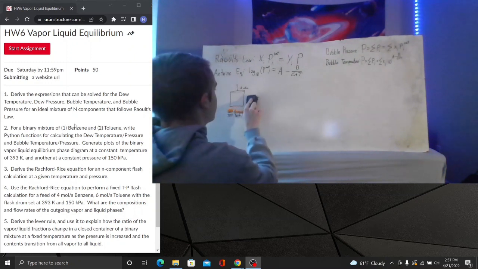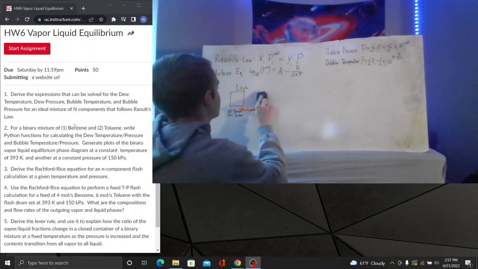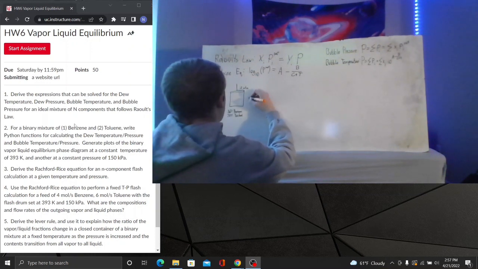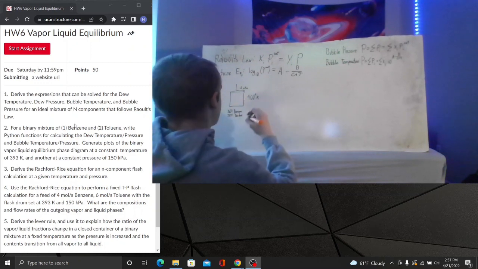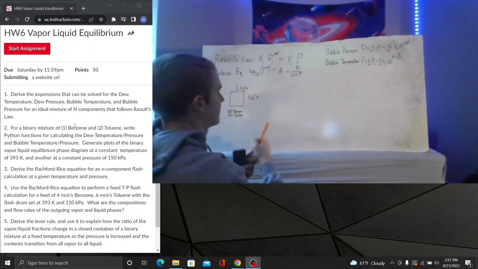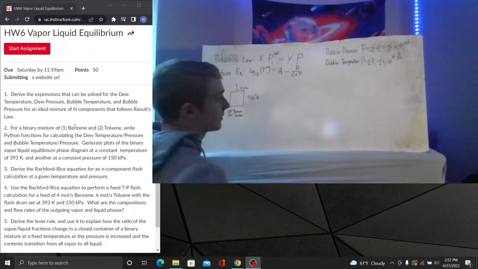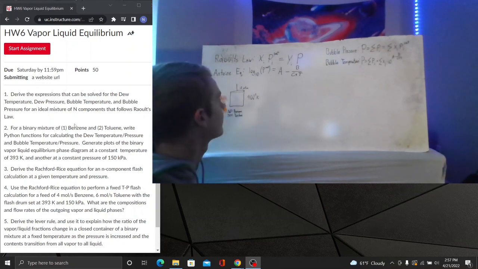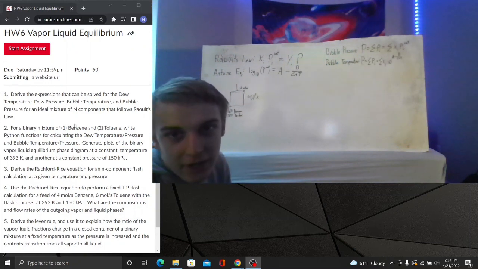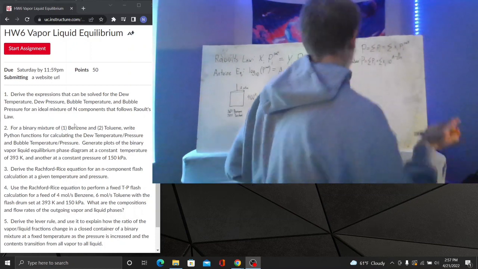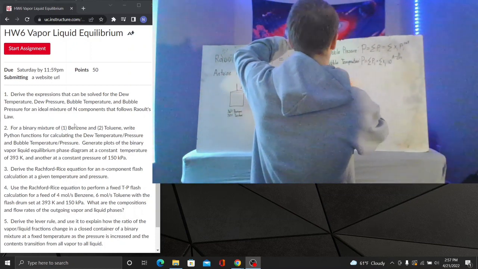But instead of being at 323 Kelvin, it's going to be at 400, so that our mixture is gases instead of liquids. So in order to find that dew pressure, what we would be doing is compressing this until we got our first drop of liquid.